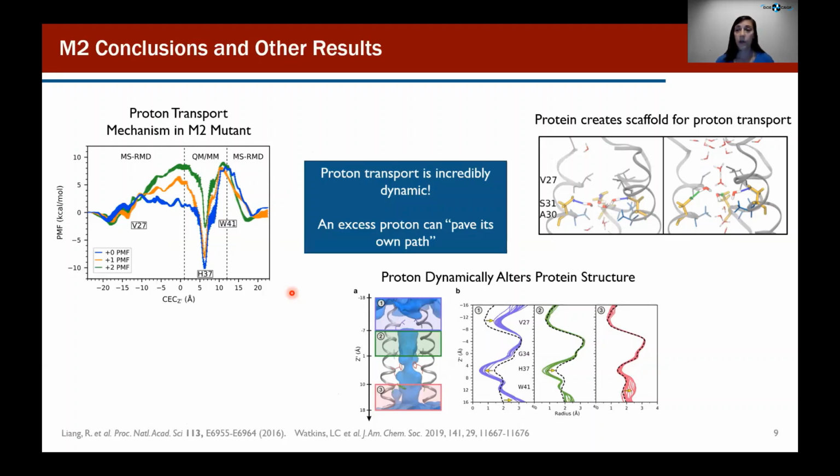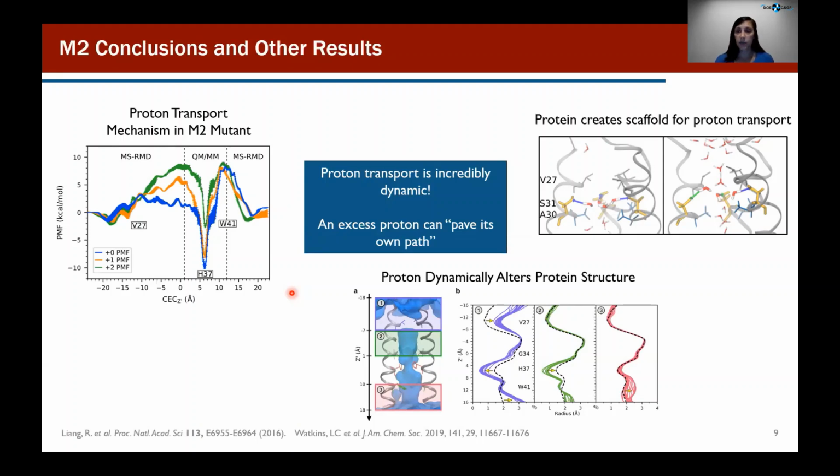And what I've shown here and what other people in my group have shown is that the proton is actually frequently able to pave its own path, in a sense, where even if there aren't waters where it needs to go, it can draw water in, and it can dynamically interact with the water and the protein and its environment to get where it needs to go.